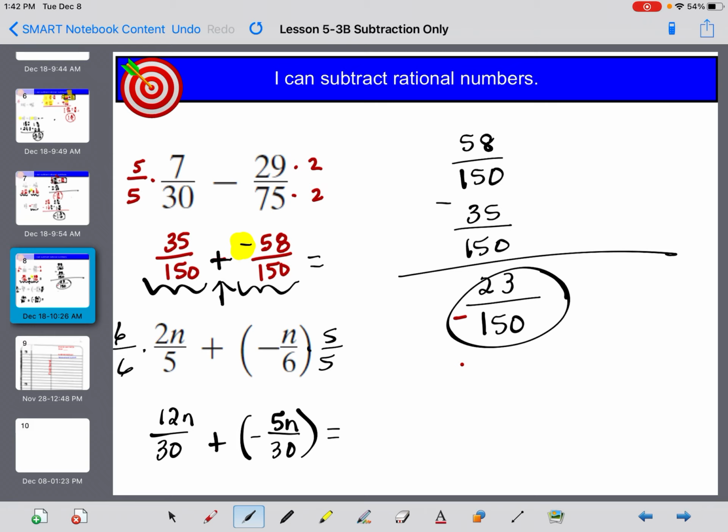Those are like terms because they are the same variable raised to the same power. So 12n minus 5n is 7n. And then keep the denominator the same. 7n over 30. And then the bigger absolute value is positive, so my answer is positive.